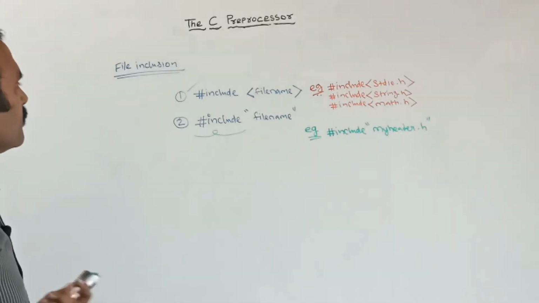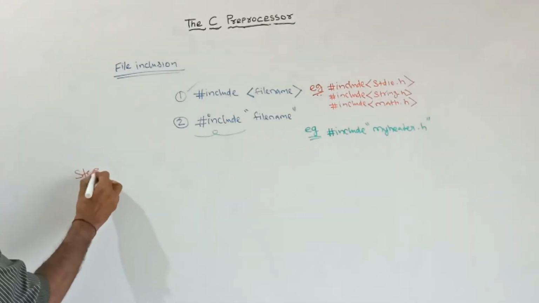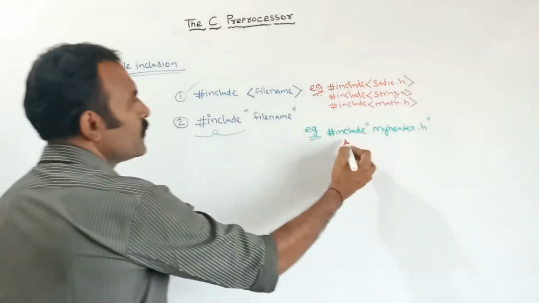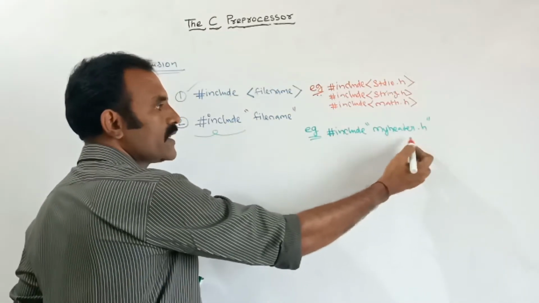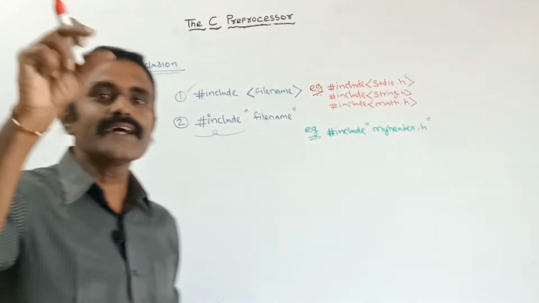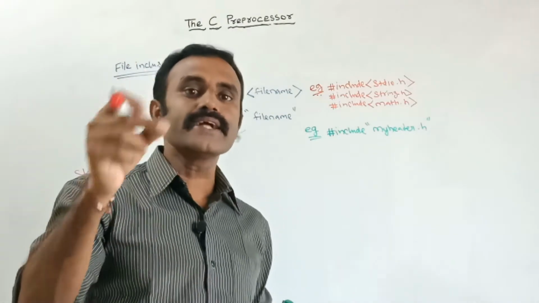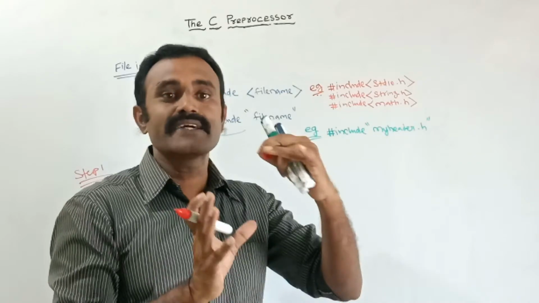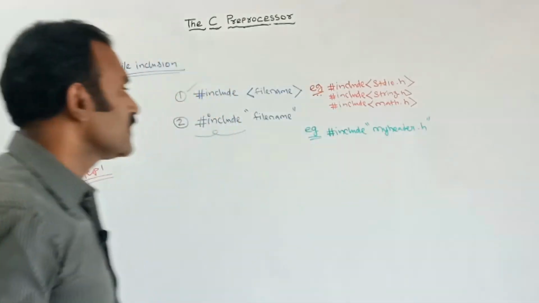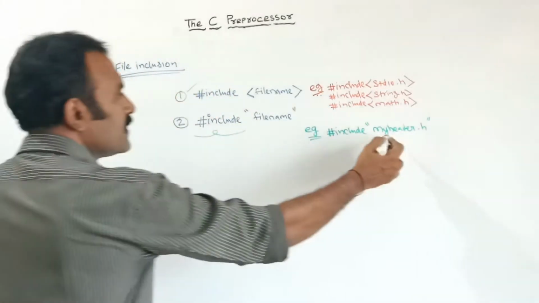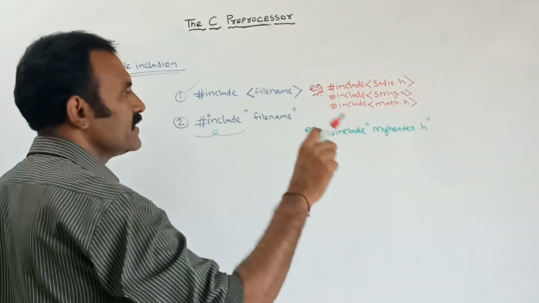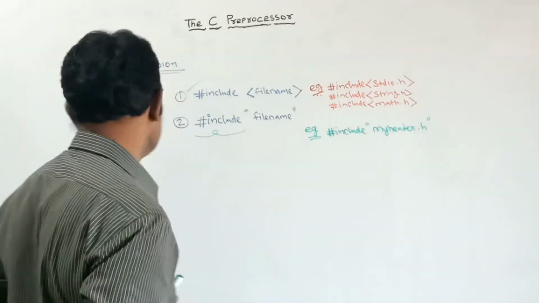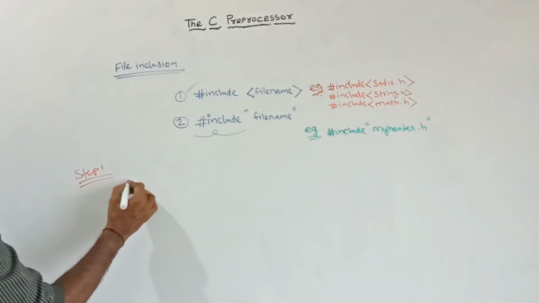Step 1: before including the programmer header file, that is the user header file, you should create the header file. In that header file you should write the program for the function. After that only can we call that header file in the source code, that is the program with extension .c. First step, create the header file.